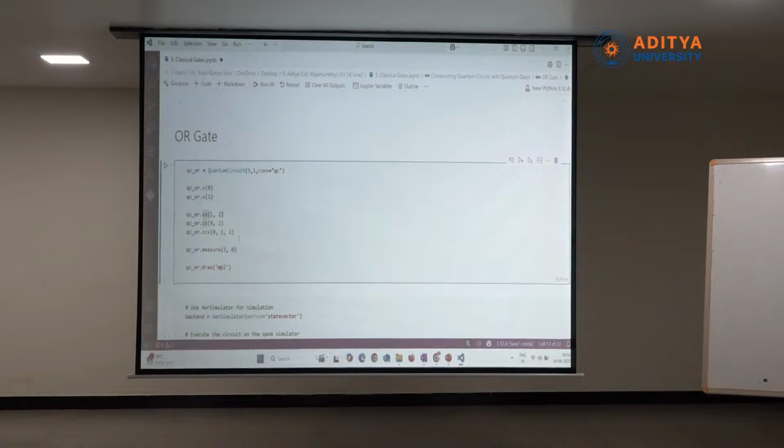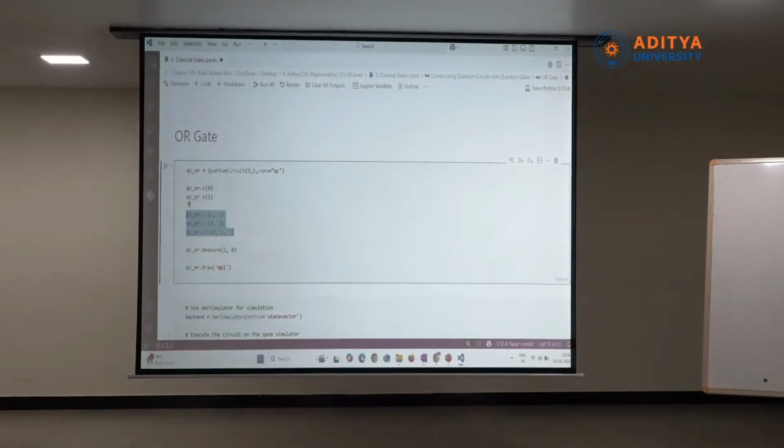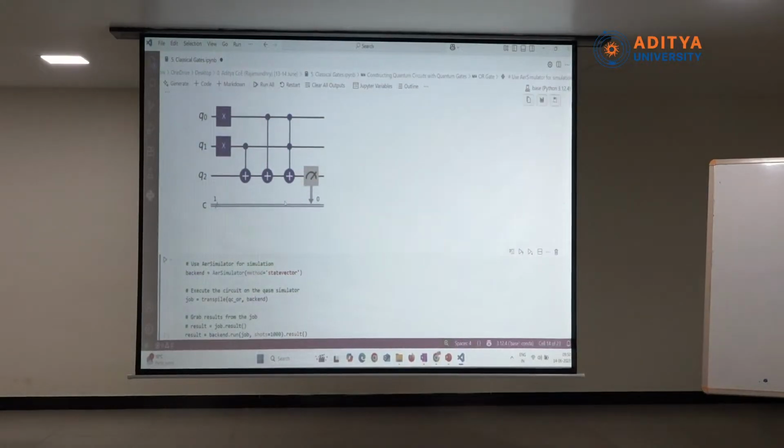Now this is the circuit part, where the first index qubit is taken as control and a NOT gate is applied on the target. Followed by, again, the 0th index qubit is taken as control, applied with target on the second. This is the Toffoli gate. After that, the target qubit needs to be measured anyways. So now let's plot. This is the required circuit, yes.